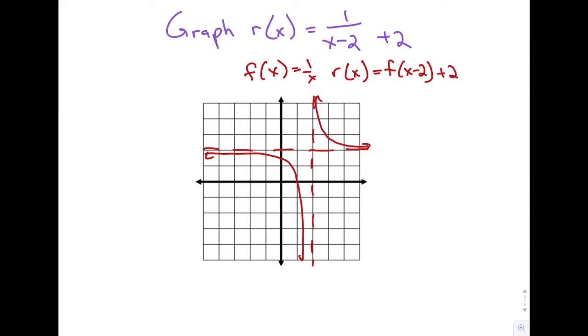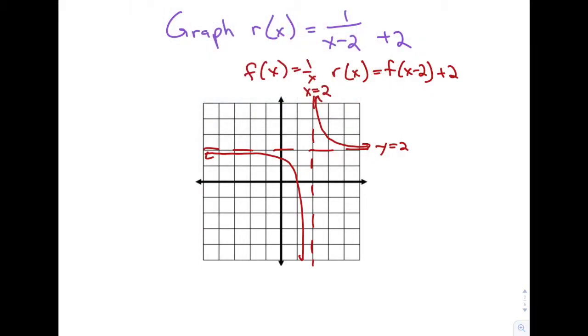Now I want to look at the behavior around the asymptotes. So for us to be able to describe this line, this is x equals 2 and this is y equals 2. For us to describe the line x equals 2 as a vertical asymptote, it first needs to meet some particular criteria. So I want to talk about first what the y value of r of x is doing as we approach x equals 2.